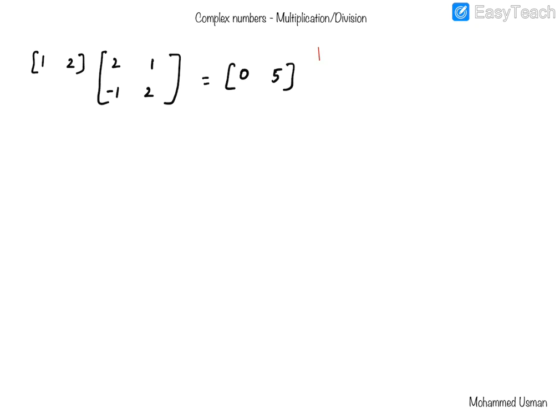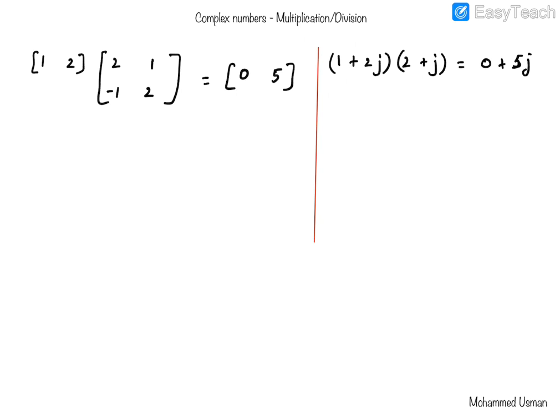So let me make that parallel over here. 1 plus 2j multiplied with 2 plus j gave us 0 plus 5j. And in vector terms, multiplying the vector 1 comma 2 with this matrix gives us the same 0 comma 5 in the vector notation.